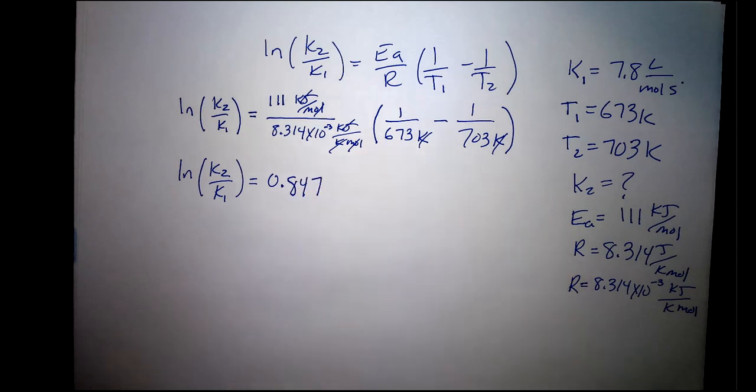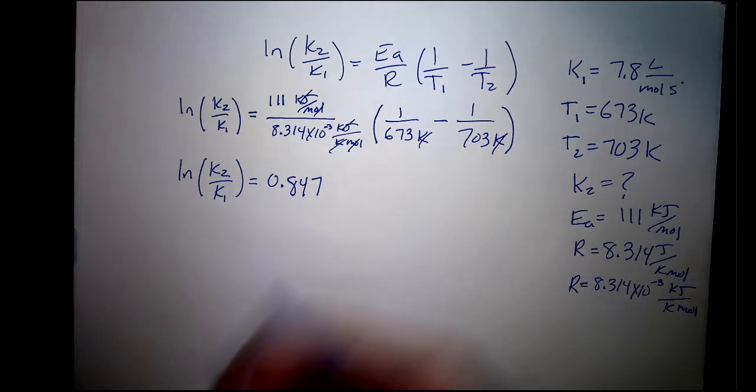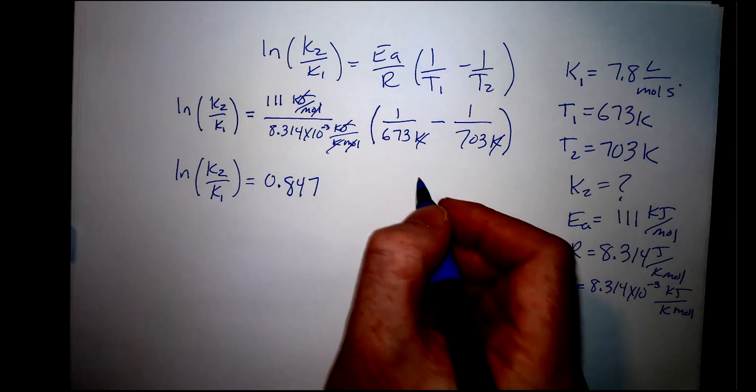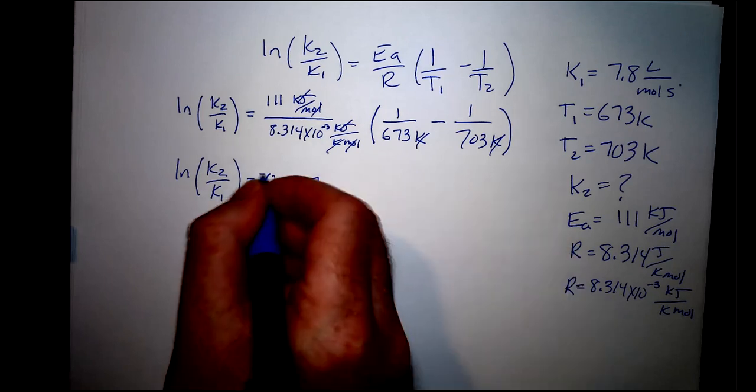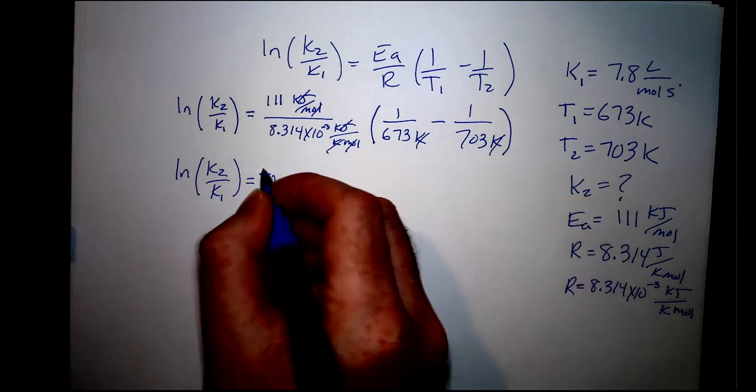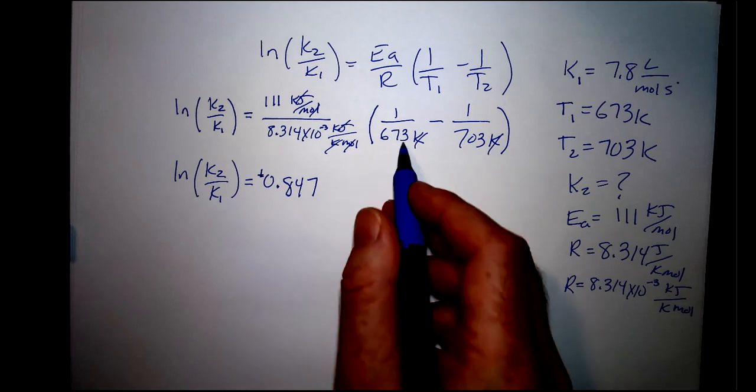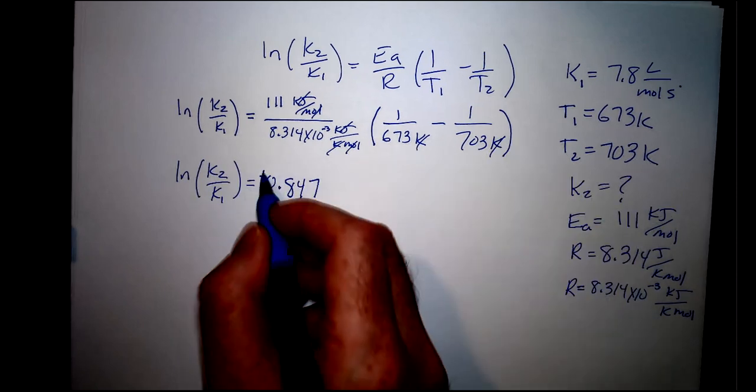That's a unitless number because I canceled all my units. It's actually positive, sorry about that, because this number's smaller, so that ends up being a positive number.